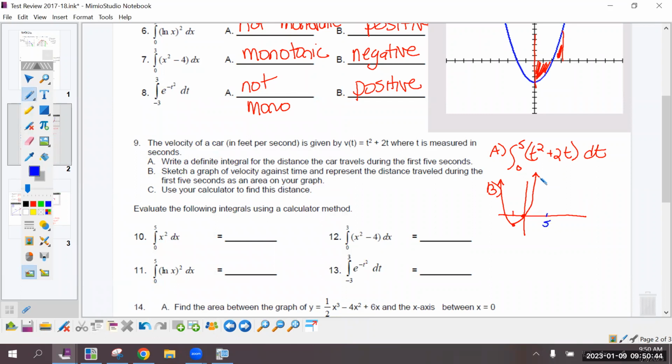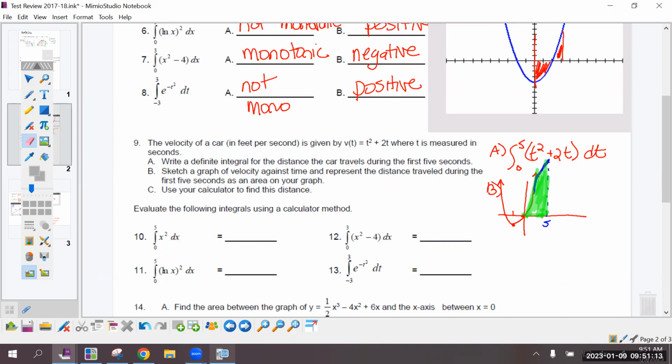So I'll say 5 is out here. Connect my parabola. You get the idea. All right, so we're going to shade in the area from 0 to 5. The area under the curve represents distance.